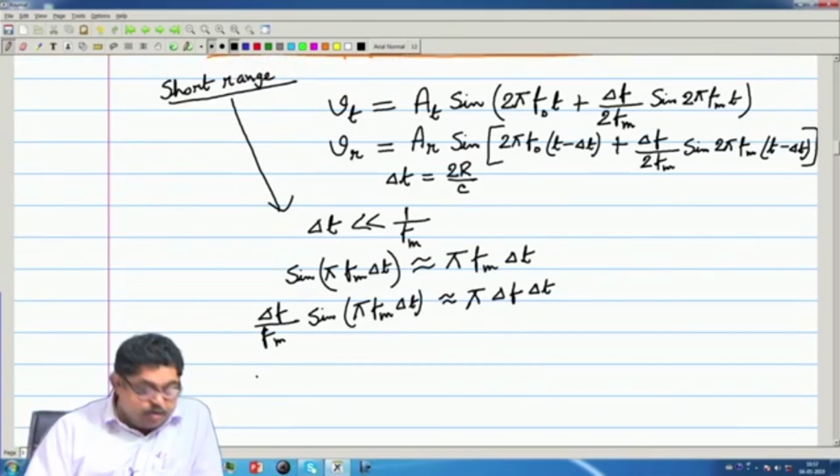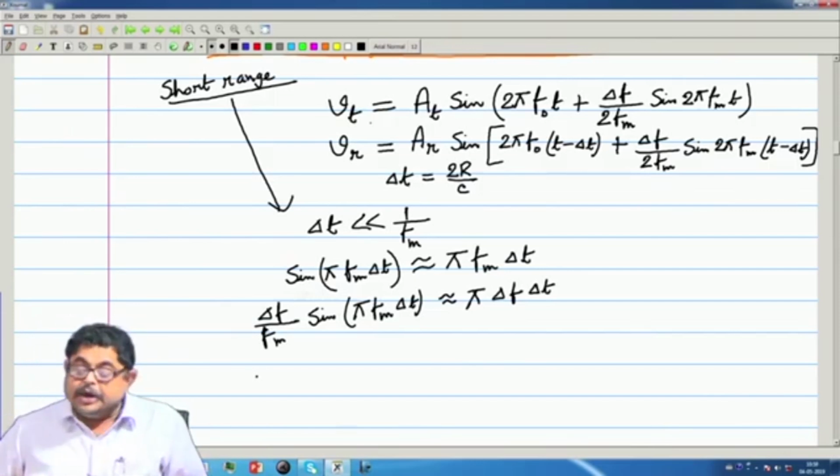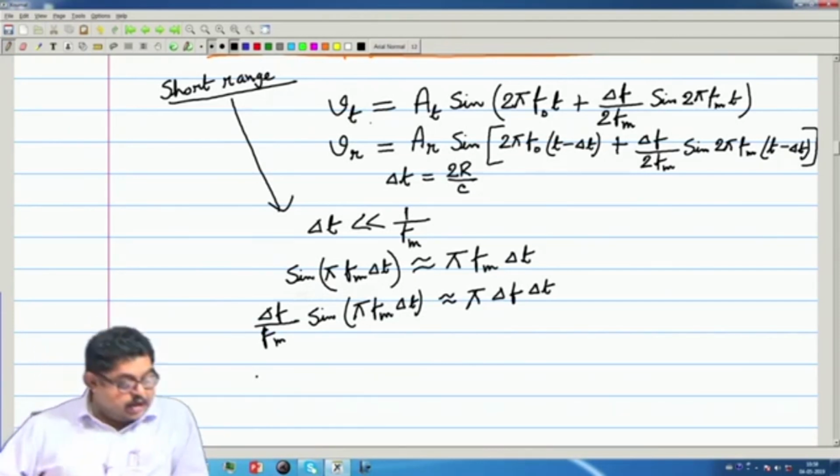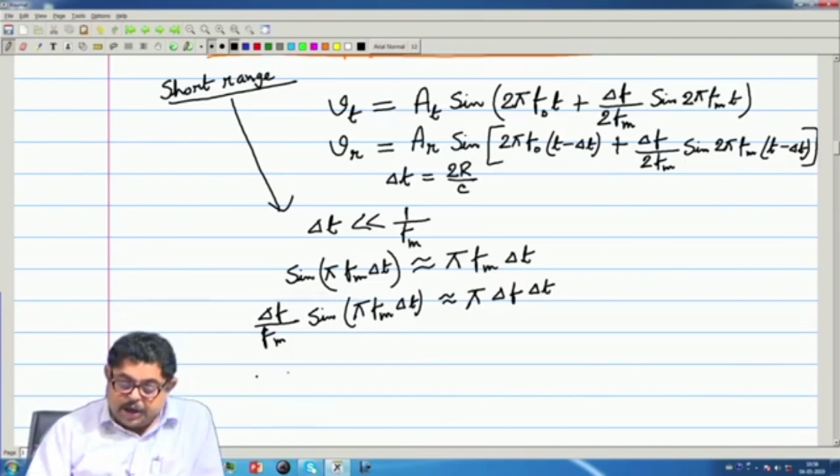Now, I know V_t, I know V_r. In V_r, I will have to make this simplification, and then I know that the receiver of this radar will heterodyne that and produce a beat voltage. So, what is the V_B expression?